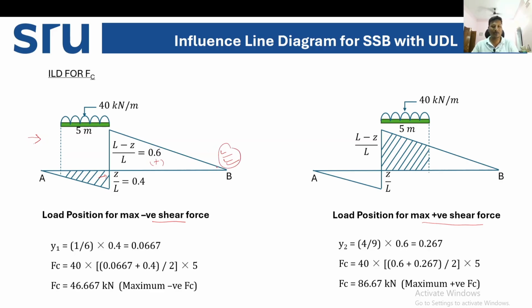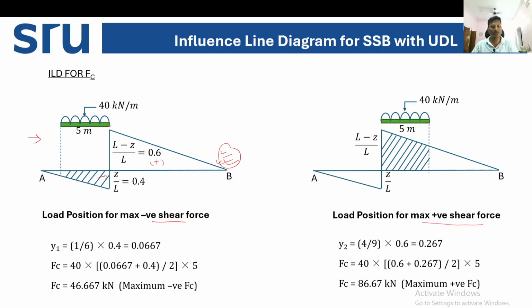So when we have the unit load diagram, we can put any magnitude of load on the diagram and multiply with the ordinates. We'll get the corresponding shear force for that particular case. So now see, we have a UDL. Just imagine at what position of the UDL we will get the maximum negative shear force.